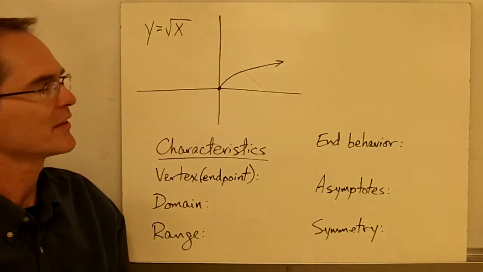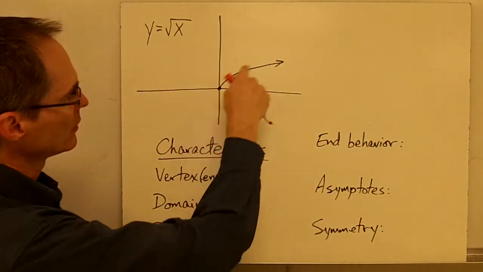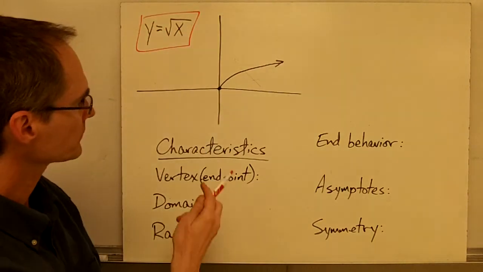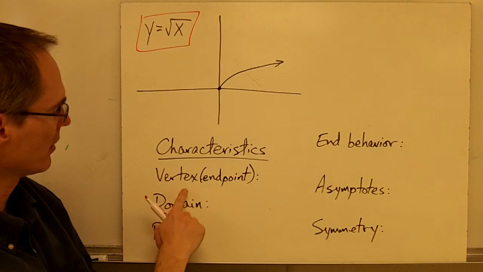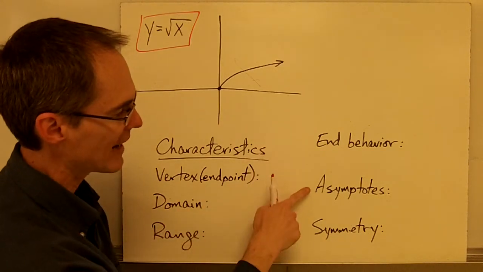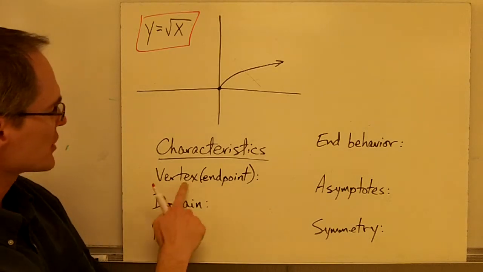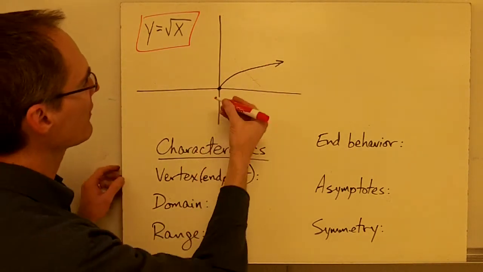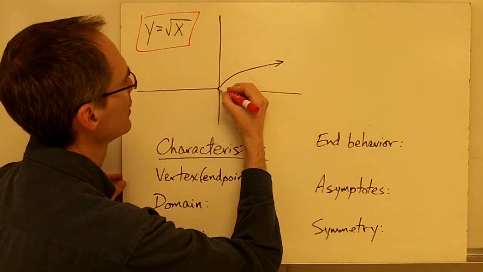I want to talk a little bit about the characteristics of this new function that we have here called the square root function. The characteristics that we're going to talk about are the vertex or the endpoint, domain and range, end behavior, asymptotes, and symmetry. The vertex or the endpoint of this graph is this point right here.